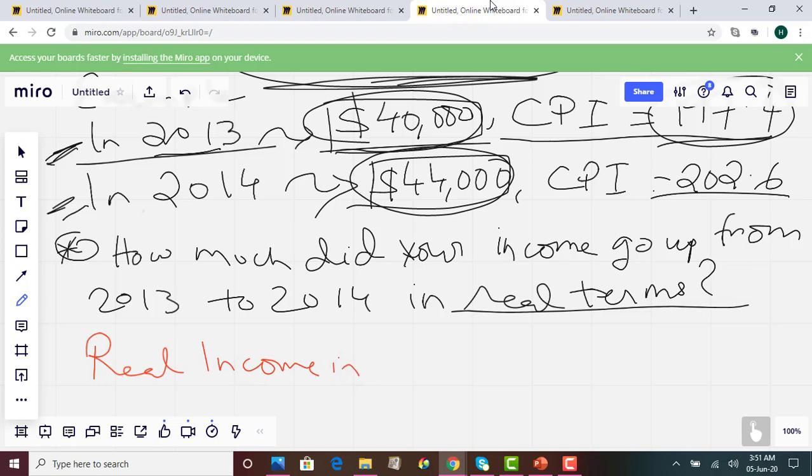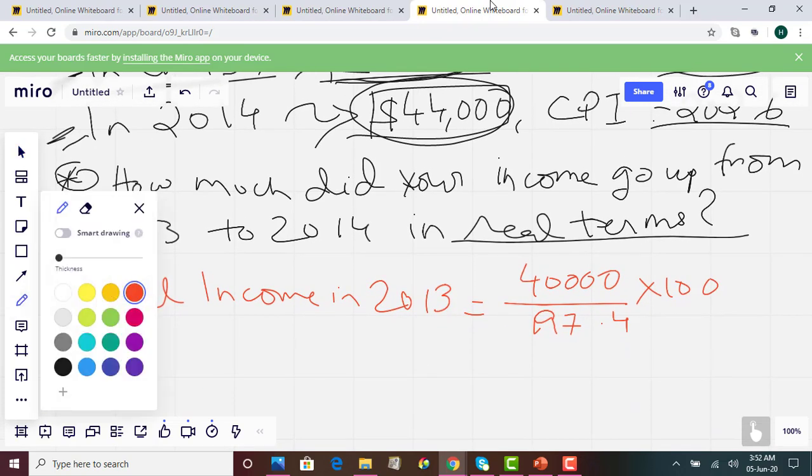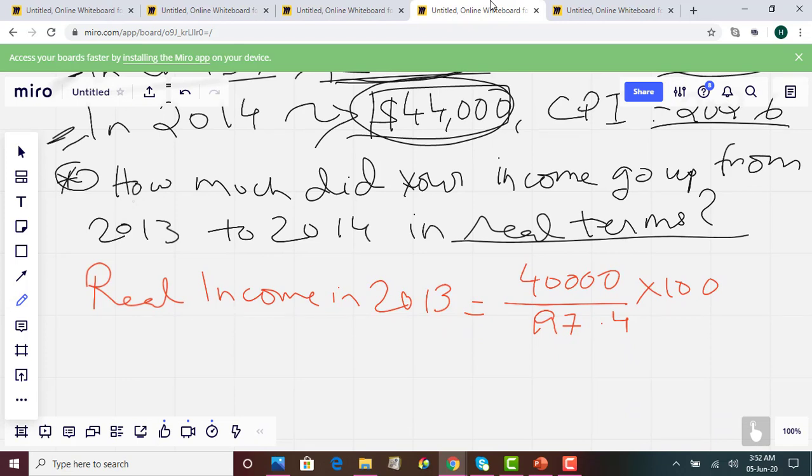Okay, so the first step is to calculate real income in 2013, and that is equal to 40,000, which is your nominal income, divided by the CPI, which is 197.4, times 100. That is equal to, I believe, 20,263.4.